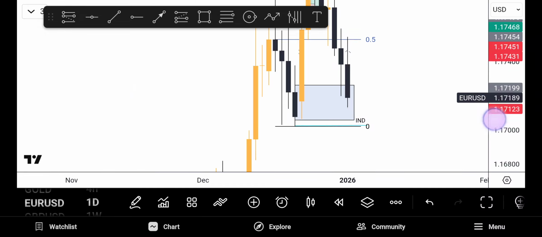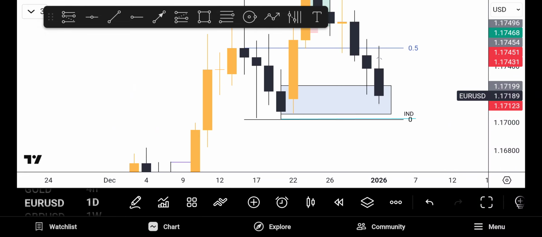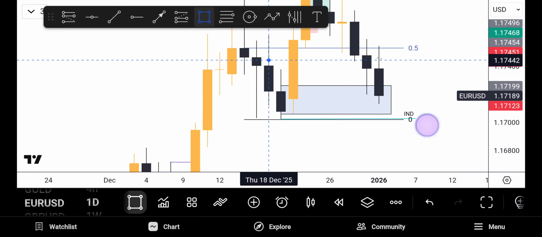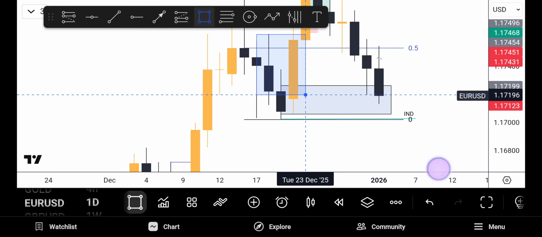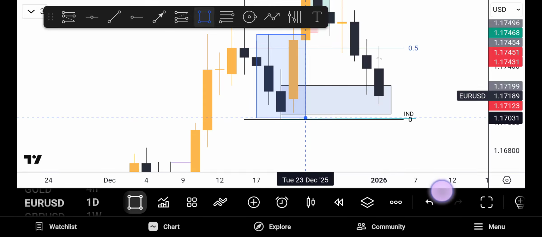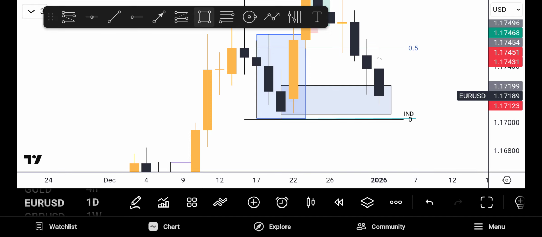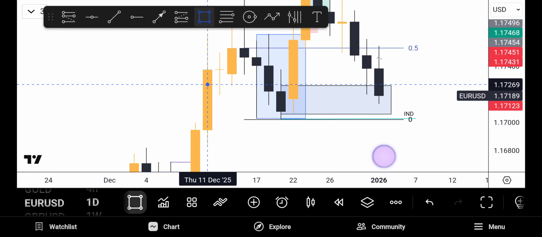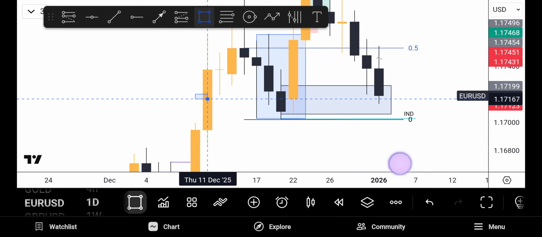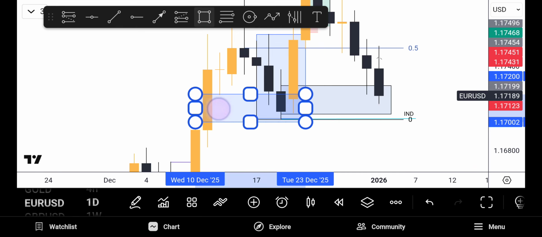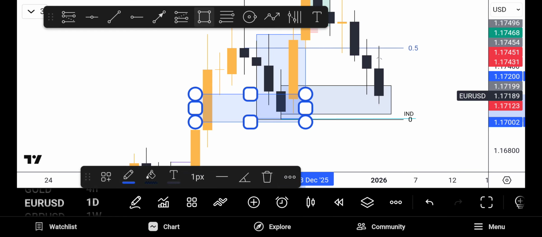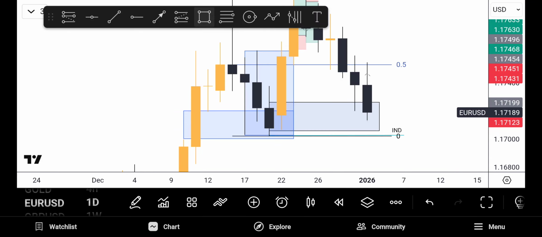Now if you look at this place, this full range, we use it as this full range. It's the same thing that played out. There was an FVG here. The market came to fill this fair value gap, creating the same three-candlestick pattern.